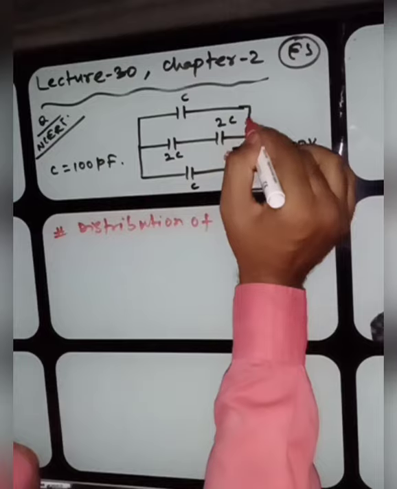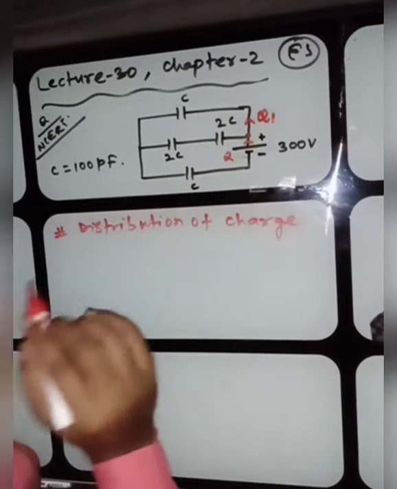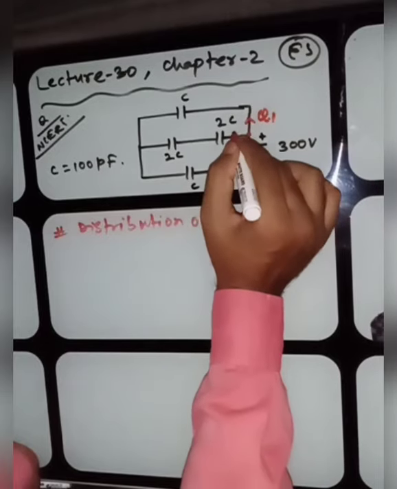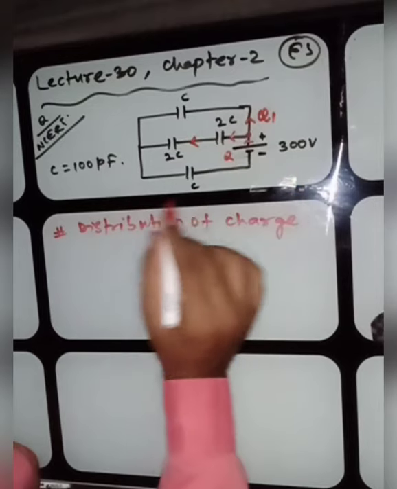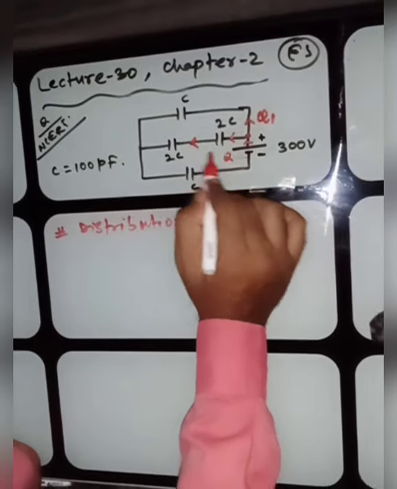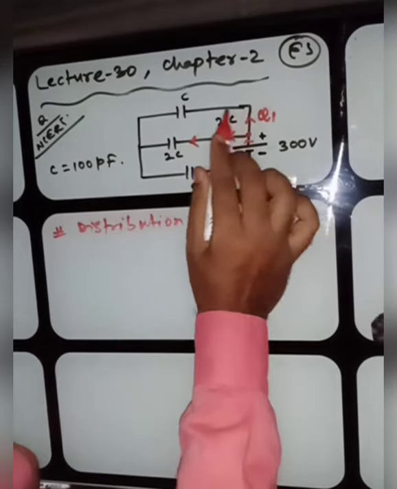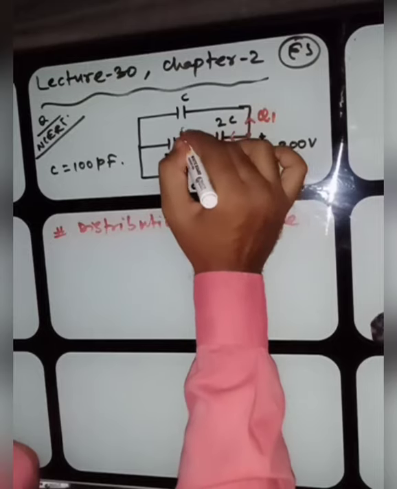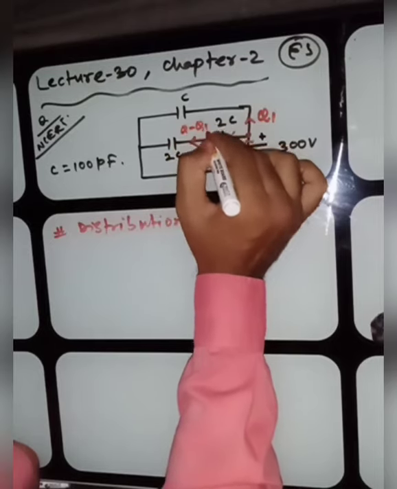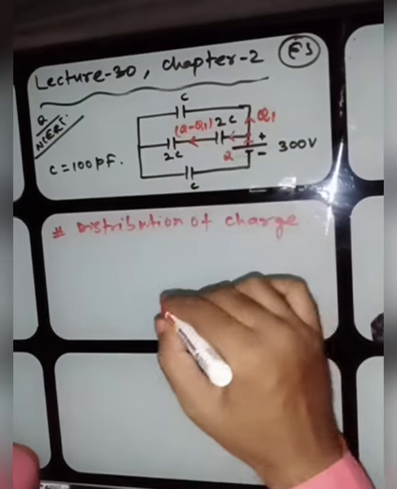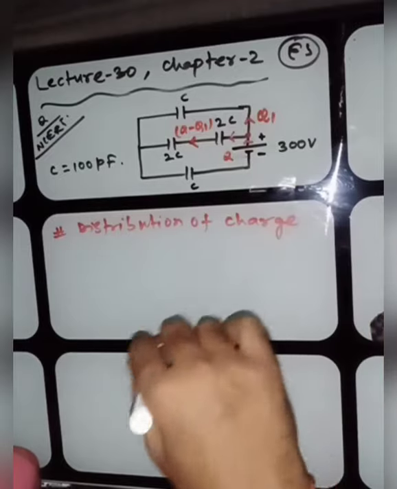Suppose charge Q1 moves in this direction, then what will be the amount of charge that goes in the other direction? If it was Q and Q1 goes in this direction, it means Q minus Q1 will go in the other direction.